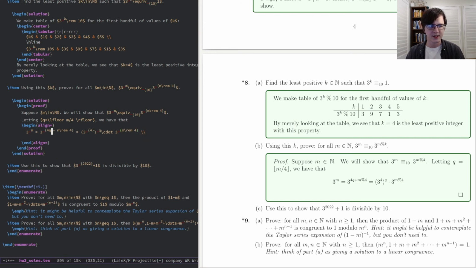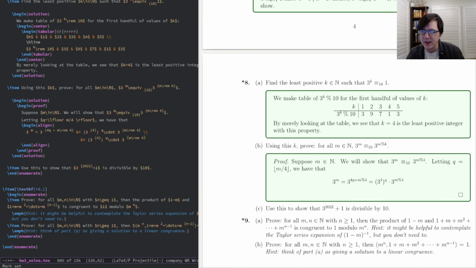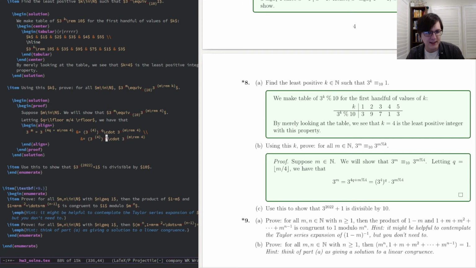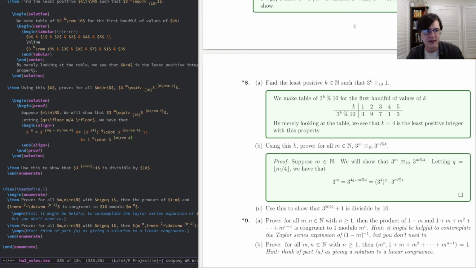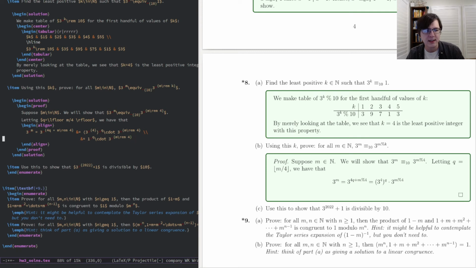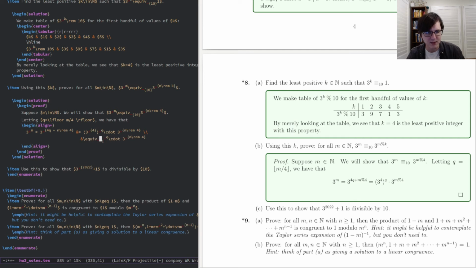And then let's create a tab stop right here. Let's see what this is congruent to, because we showed that 3 to the 4 was 1. So we can replace that. And this is not an equals, but a congruence mod 10.